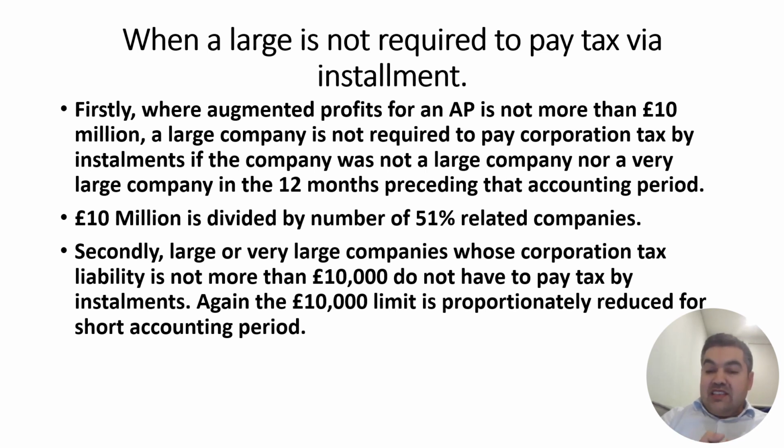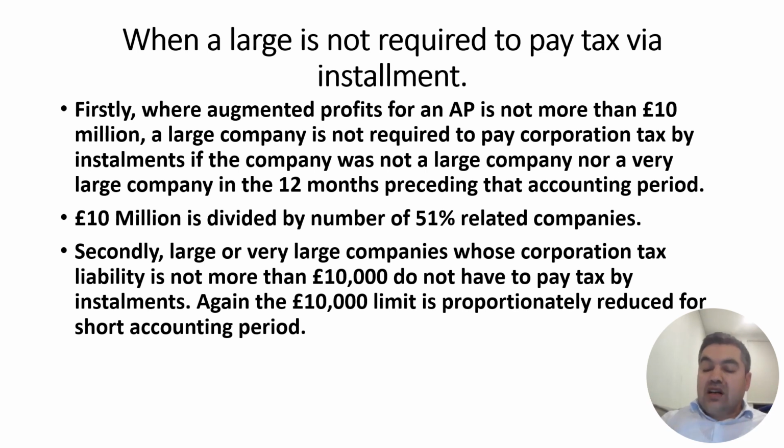So if there is one entity whose corporation tax is only 10,000, in this case that company will not pay tax on an installment basis. Remember, HMRC charges the company on a stand-alone basis.